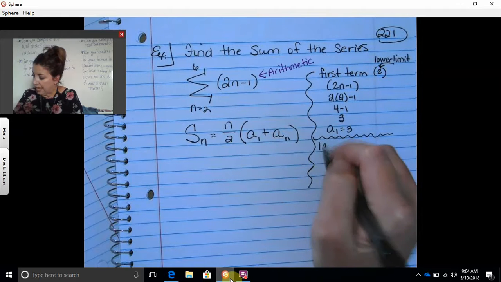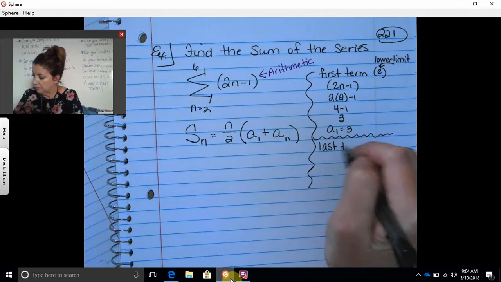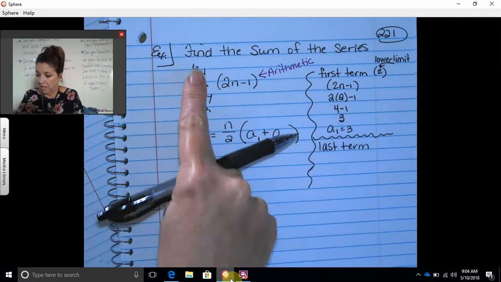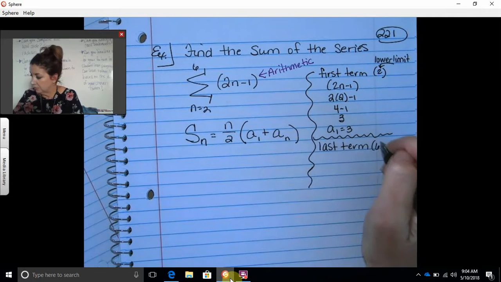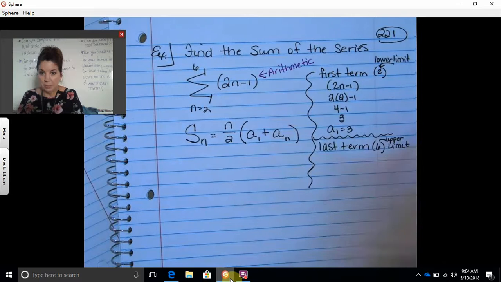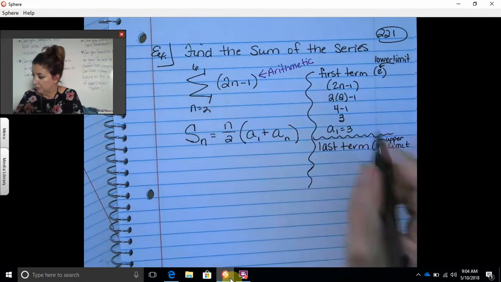To find the last term of the series, I substitute in the upper limit, which is 6, also into the explicit formula, 2n minus 1.